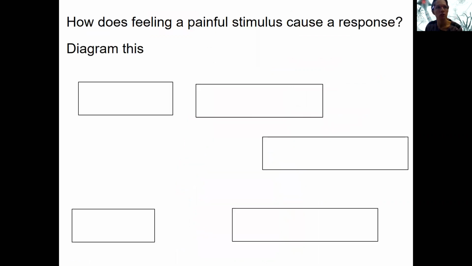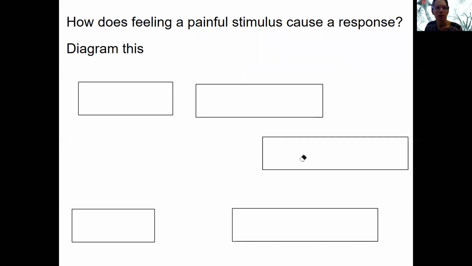Before we jump into further categorization, I want to take a side step here and have you try to make sense of what we need to consider with the nervous system, what other divisions we need to talk about. So what I'd like you to do is try to diagram in your own notes how a painful stimulus can cause a response.